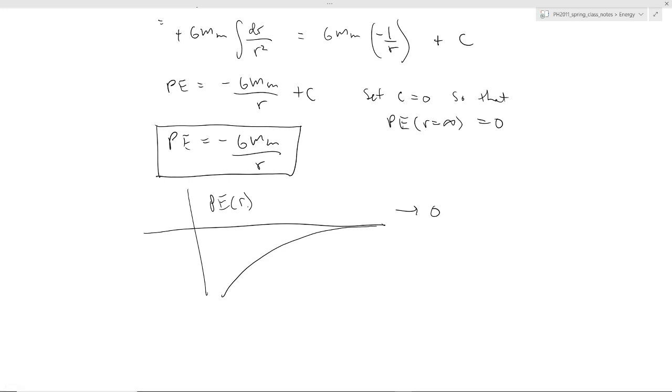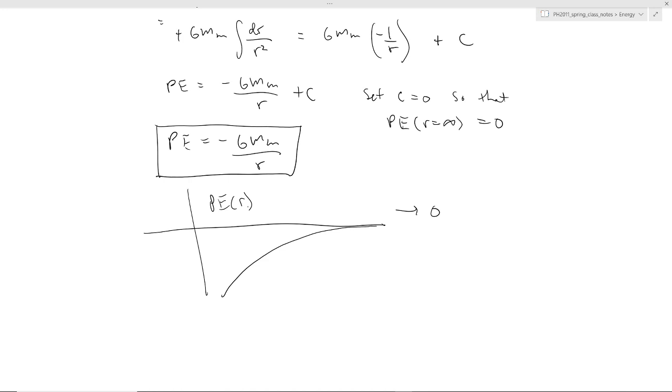But this is a nice convention because you don't have some offset that you have to keep track of. This also means that if you're comparing different bodies, they don't have different constants, because everything goes to 0 when you're sufficiently far away from it.